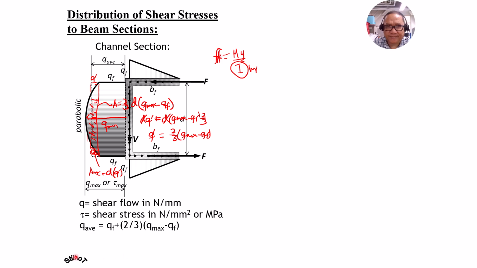So F is simply the area of this shear flow diagram. So it is 1/2 of BF times QF.